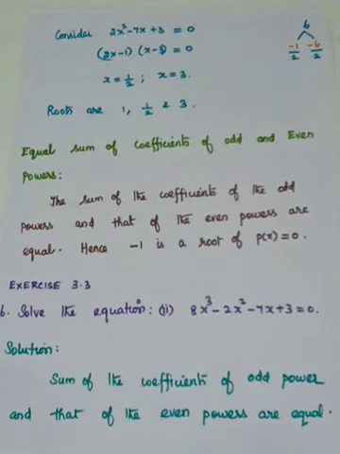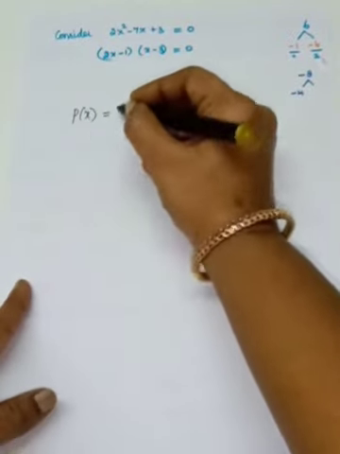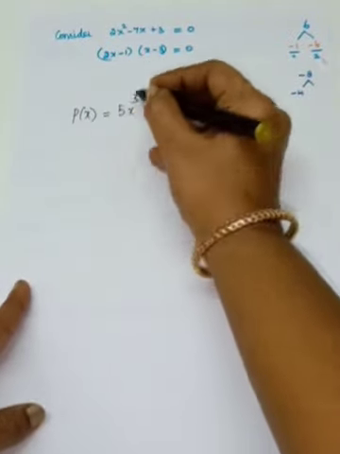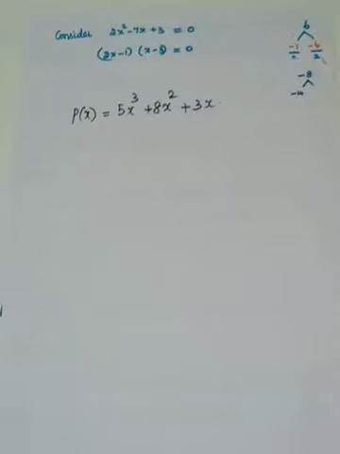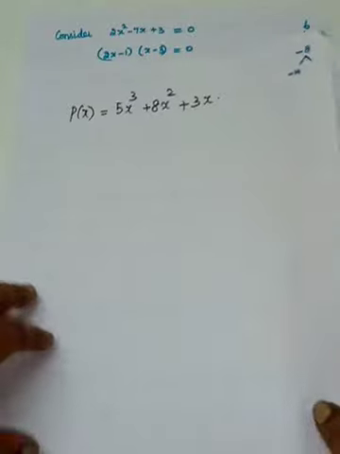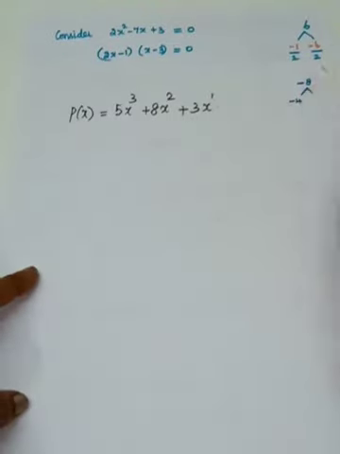do. Okay, you see that for example, I am going to take the p of x as 5x cube plus 8x squared plus 3x. Okay, this is your p of x. Okay, so see now here the odd power coefficients. The odd powers are 3 and 1.